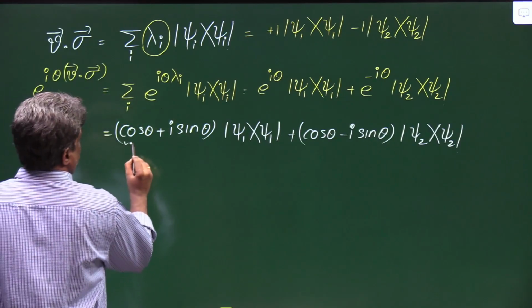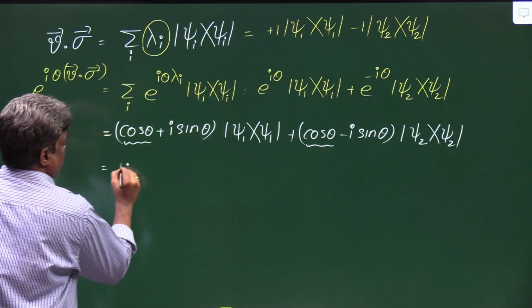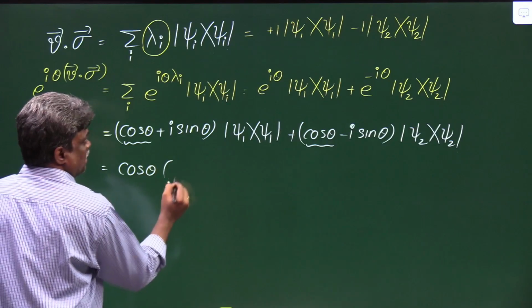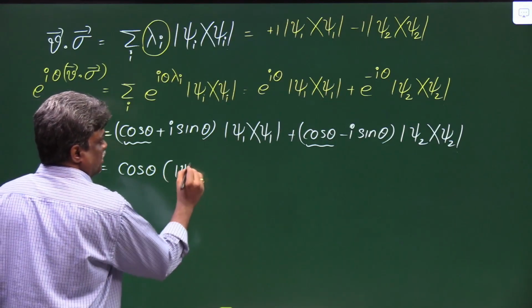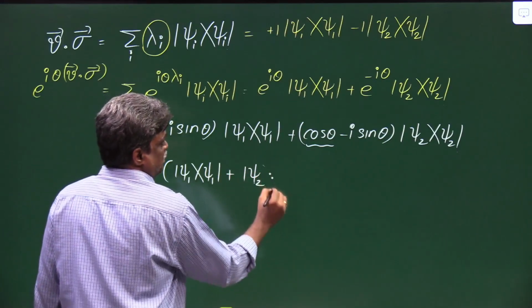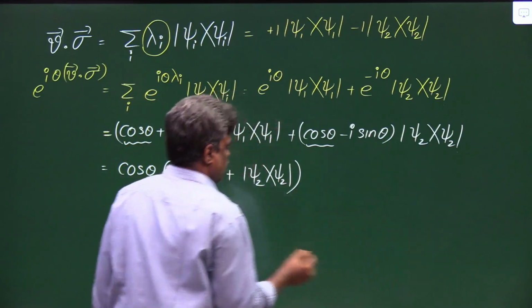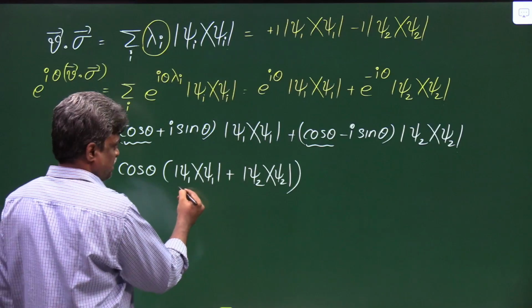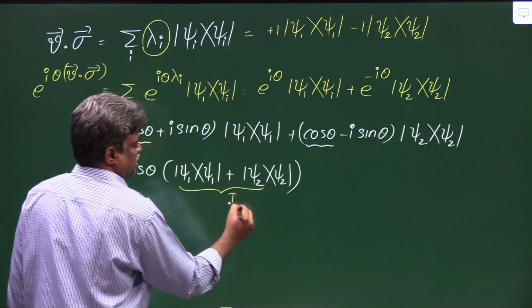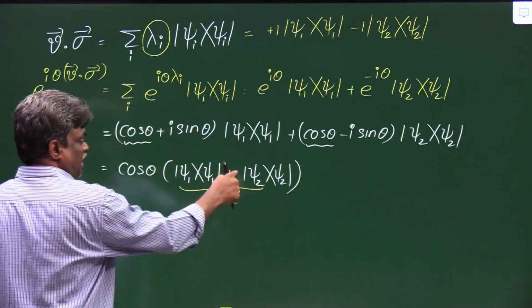Now I am taking cos theta common. Then I will get cos theta times the outer product psi 1, psi 1 plus psi 2, psi 2. I hope you know this, we have already discussed it in earlier classes. This is nothing but the identity matrix, whose eigenvalues are 1, 1, lambda 1, lambda 2.